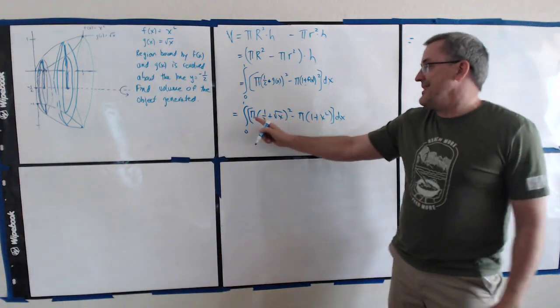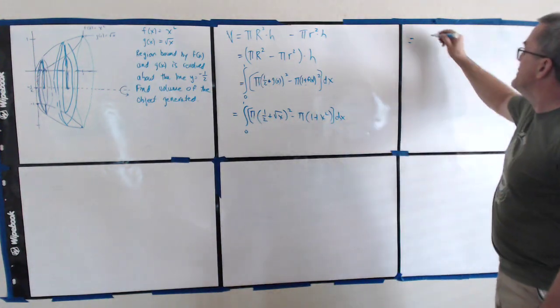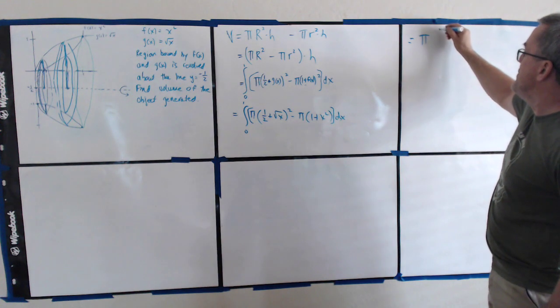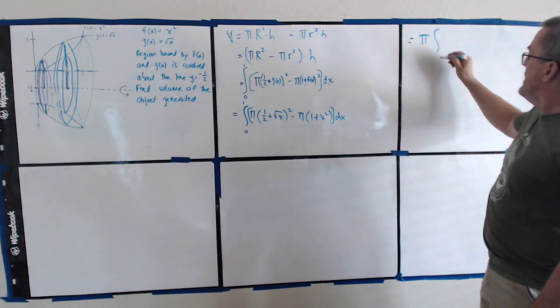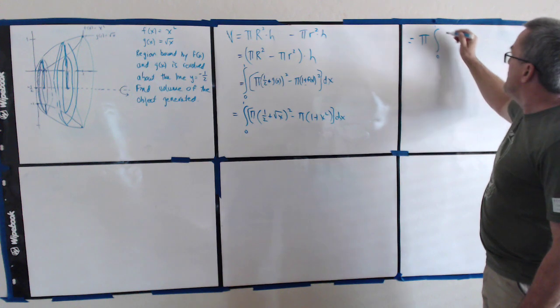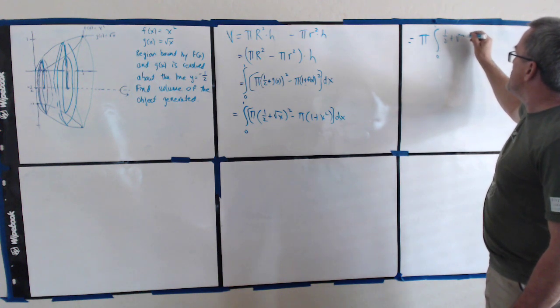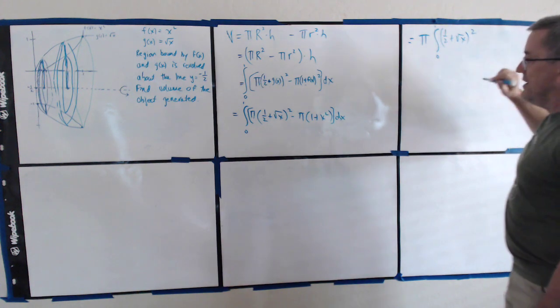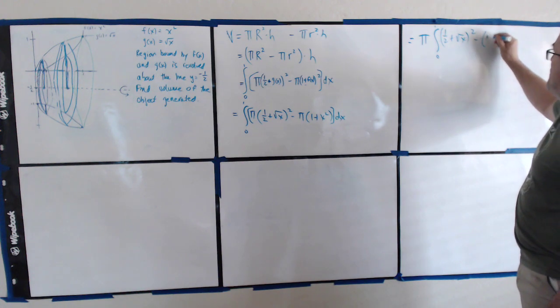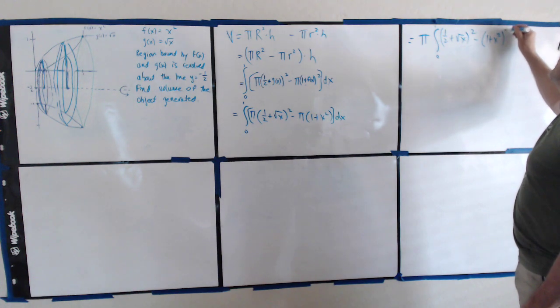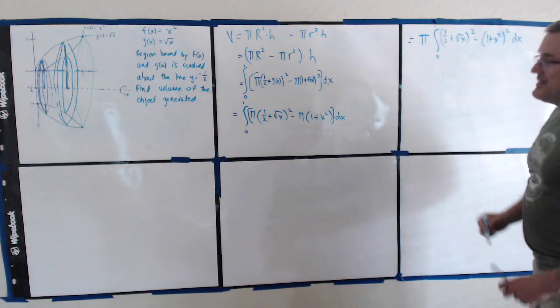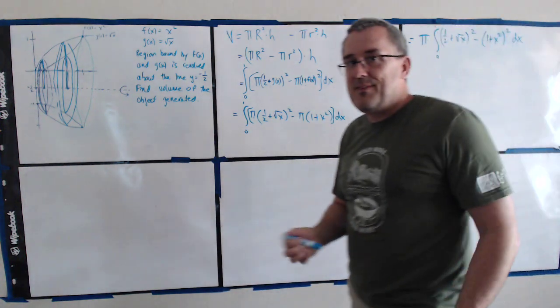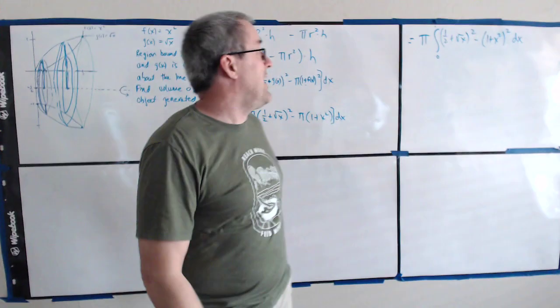I would like to do one more step. Let's factor out the common factor of pi. So we have pi times the integral from 0 to 1 of 1/2 plus the square root of x, squared, minus 1/2 plus x squared, dx.